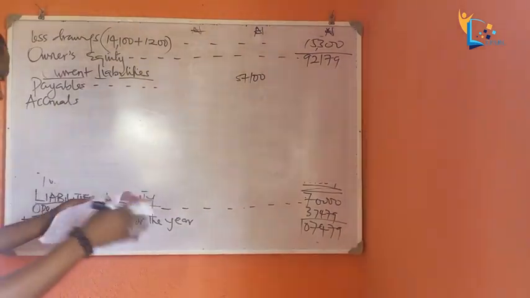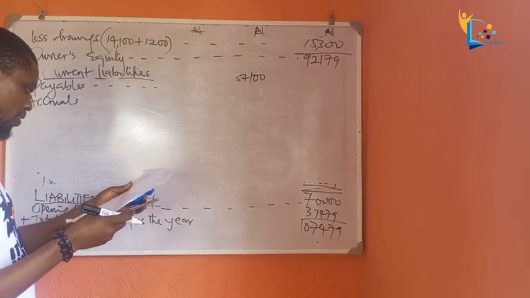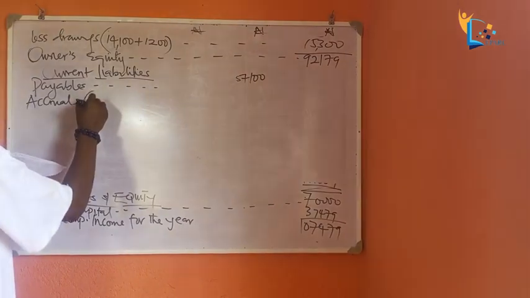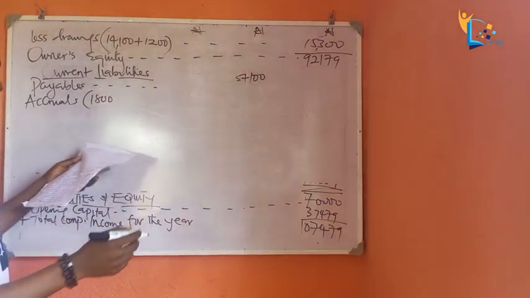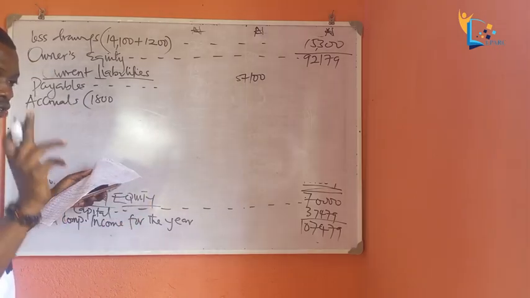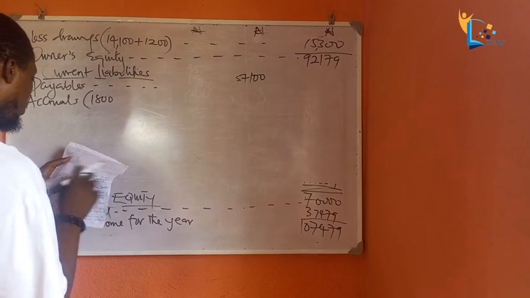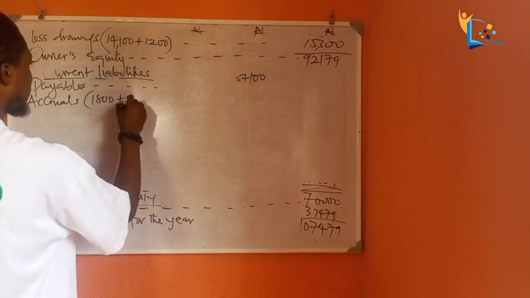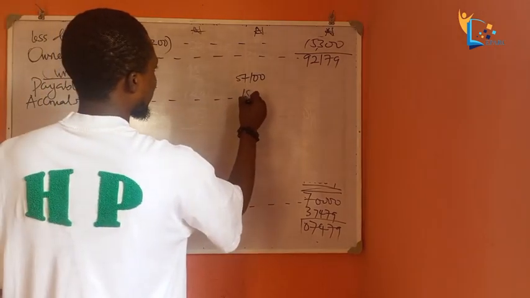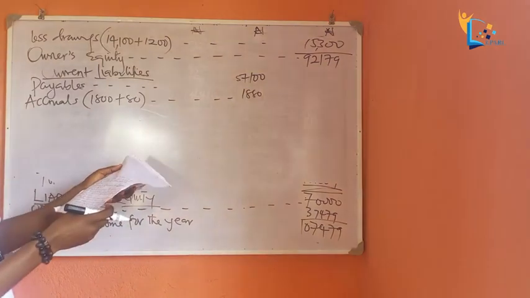We have two accruals here. Accrued expenses, 1,800, then the other one 80. Accrued expenses are liabilities. Remember, you are owing accrued expenses. 1,800 plus 80 will give us 1,880.